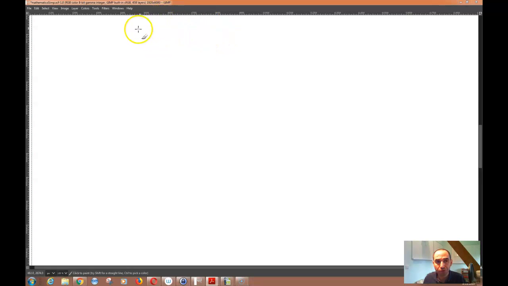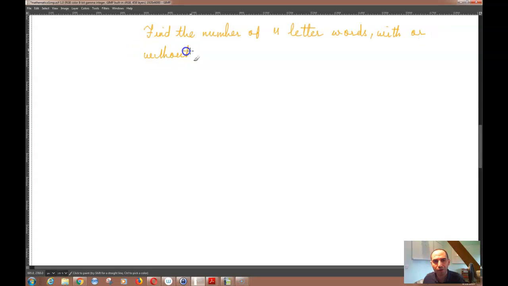So you want to find the number of 4-letter words with or without meaning, meaning that you can arrange the letters in any way that you want, which can be formed out of the letters of the word ROSE.